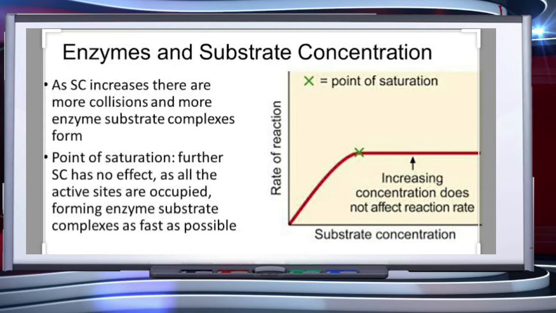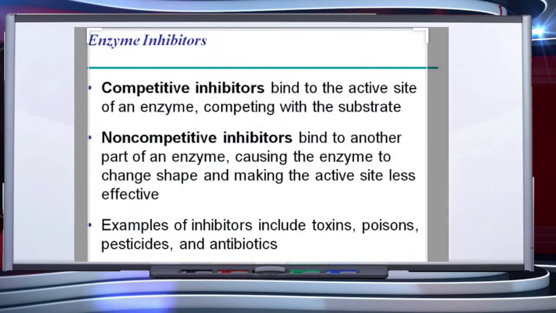This is because the enzyme molecules are fewer than the substrate molecules, and after saturation, there are no more free enzyme molecules to bind with the additional substrate molecules. Here in this graph, we can see by the green cross the point of saturation. This is the point which is at the maximum speed. Further, substrate concentration has no effect on the enzyme activity.